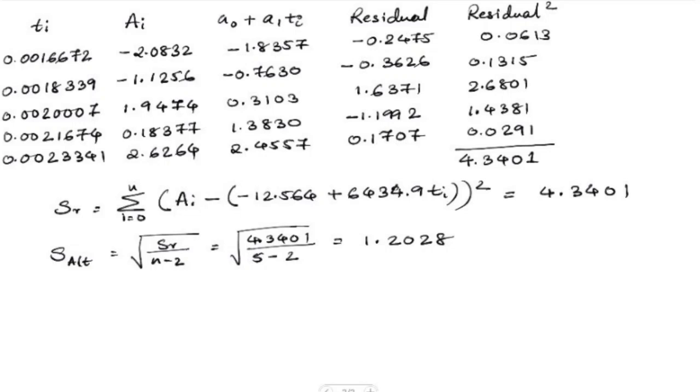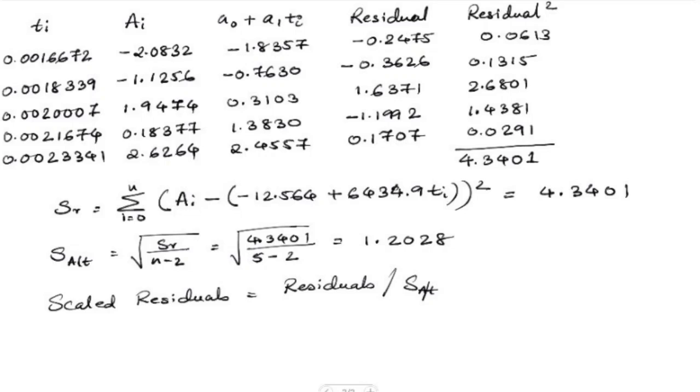Now, once we got this, we need to find out the scaled residuals. The formula for which is residuals divided by the S sub a given t.